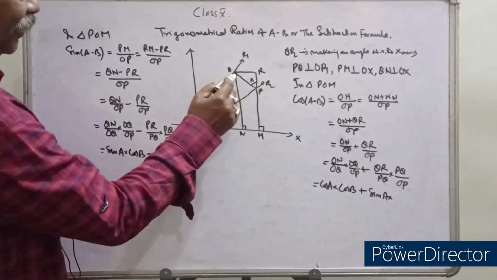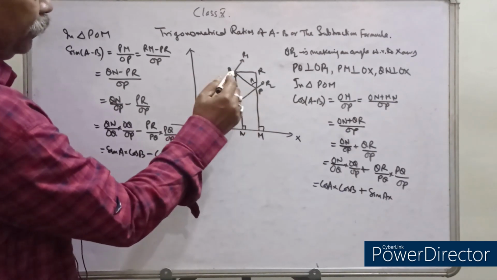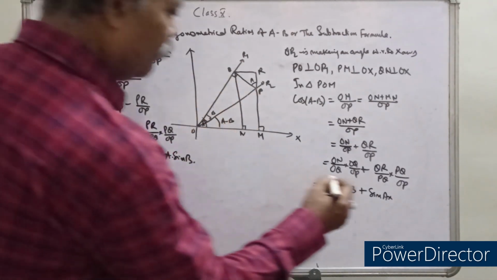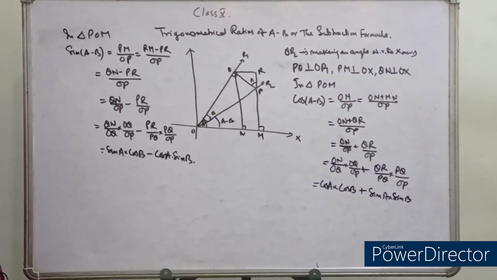In this triangle PQ is the perpendicular and OP is the hypotenuse, so PQ by OP is sine B. So this is the formula for cos of A minus B: cos A cos B plus sine A sine B.